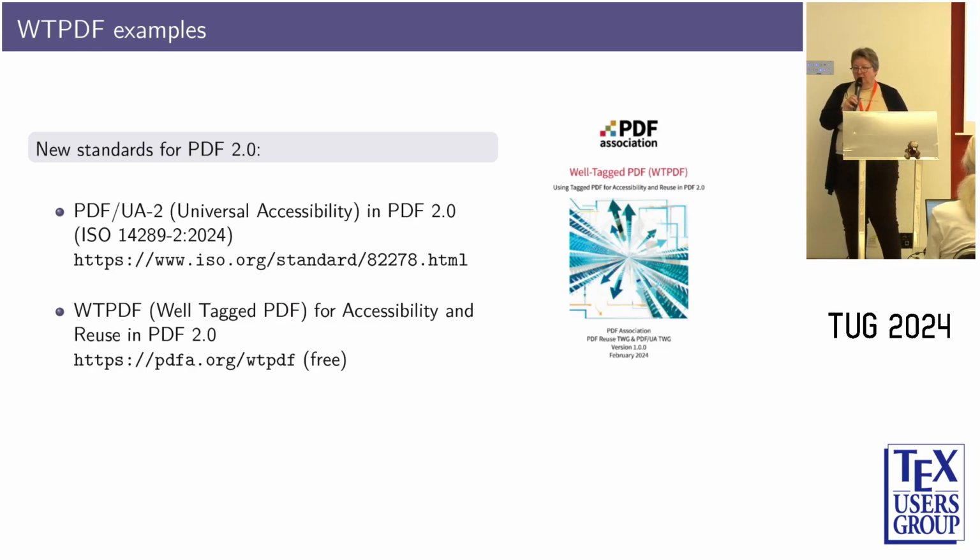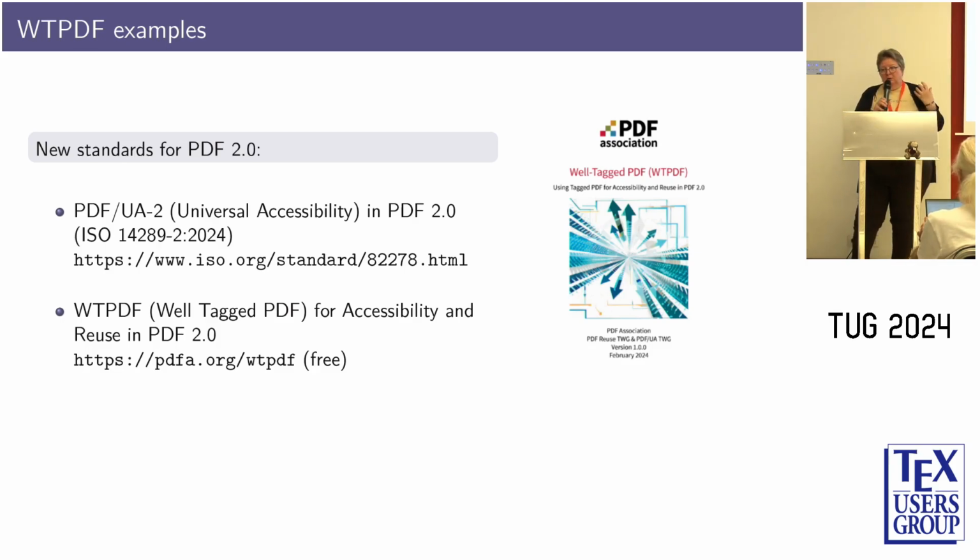The second standard is called well-tagged PDF, WTPDF in short. It doesn't handle only accessibility, but also the reuse of PDF, because that's certainly also a point. Sometimes you want to extract data from a PDF, from a table. You want to get this back in a way that you can process it.